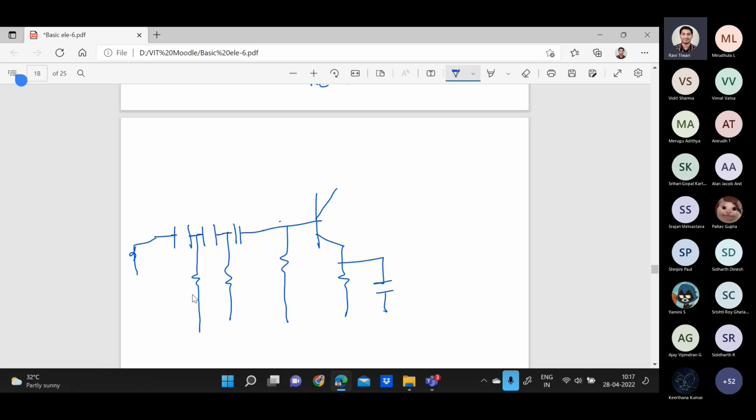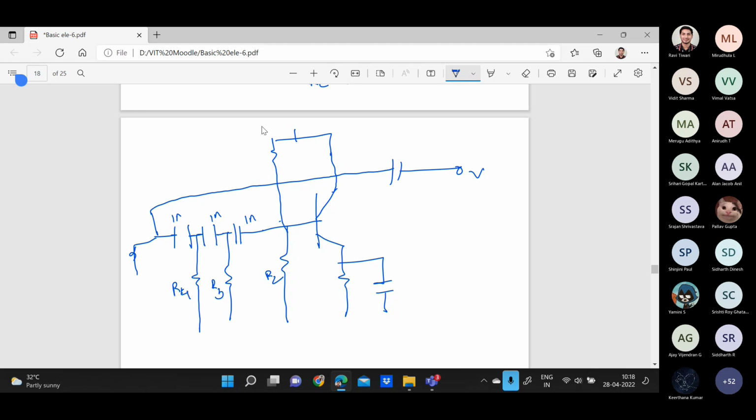The value of the resistance should be same, right? Suppose this is R4, this is R3, this is R2. These all the combination of capacitors, suppose this is 1 nano, this is 1 nano, this is 1 nano, and they are connected here with one capacitor to the output voltage. It is a long circuit, but don't bother about this long circuit. Here we are providing the VDD, that is the input voltage.